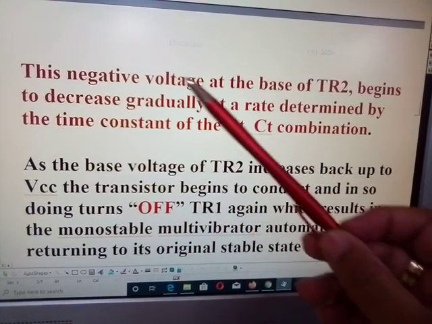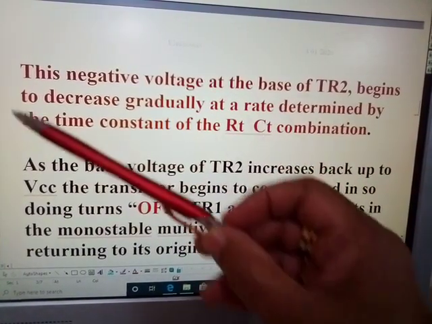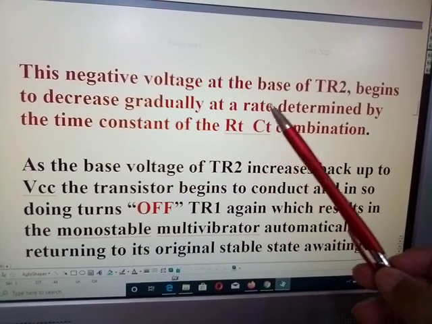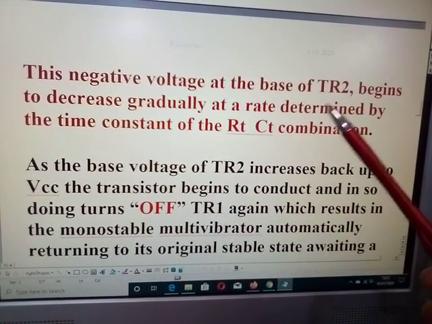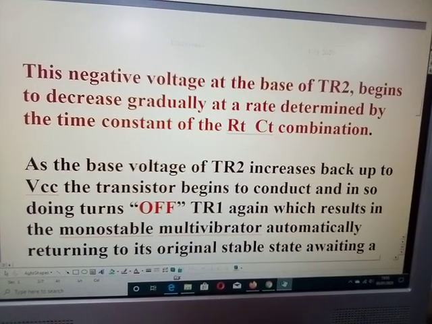Now this negative voltage at the base of TR2 begins to decrease gradually at a rate determined by the time constant of the RT-CT combination.